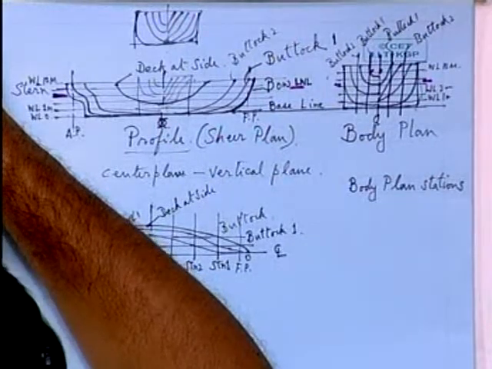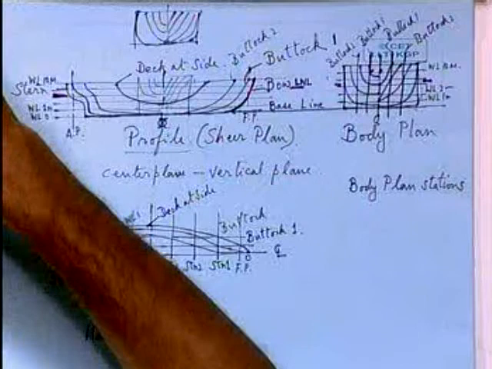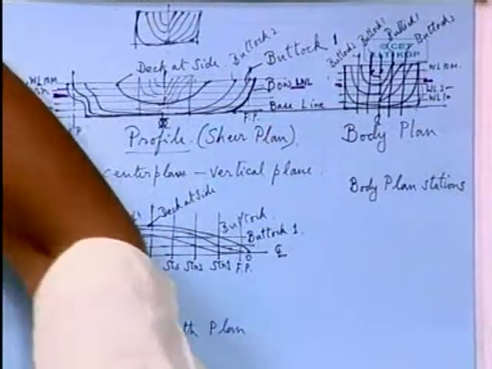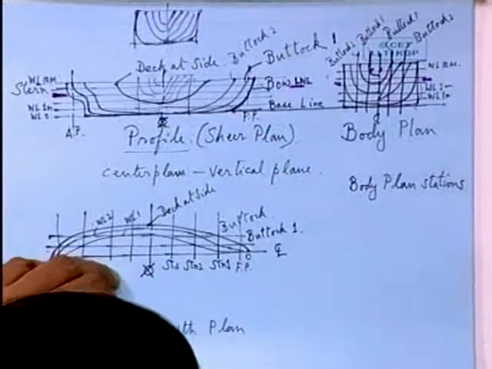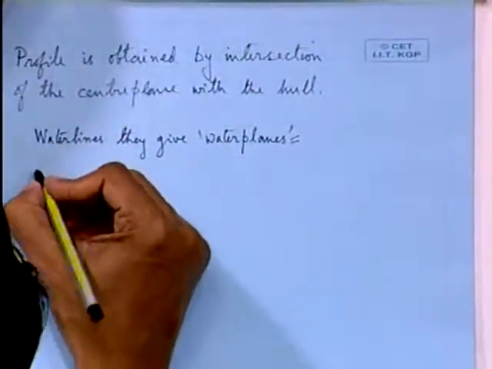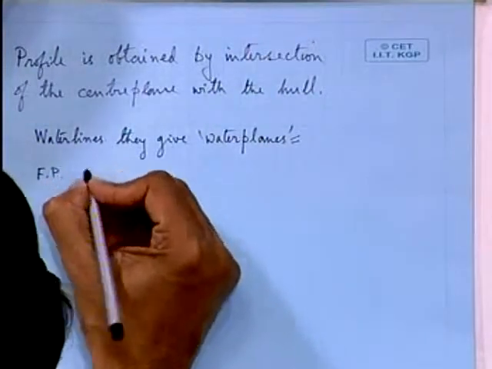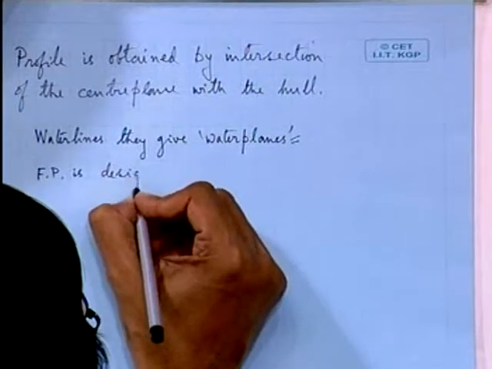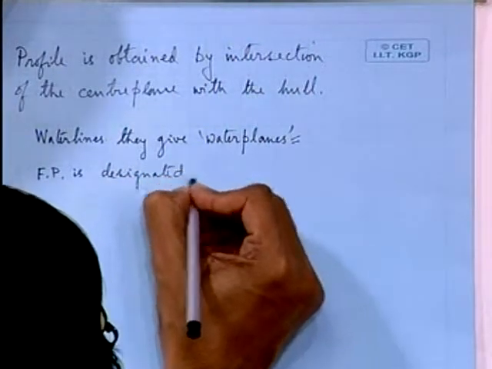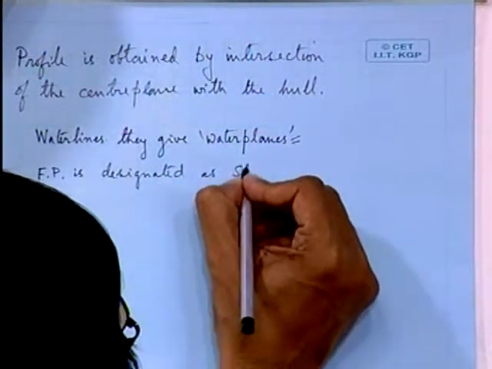Yeah, so that is the American practice. Customarily numbered from the bow. So in American practice the forward perpendicular FP is designated as station 0. Normally we follow this practice only.